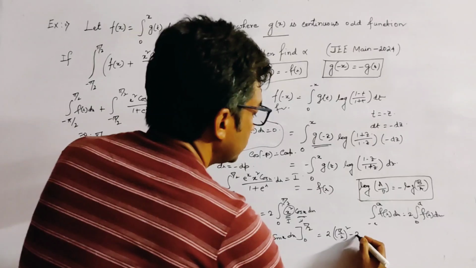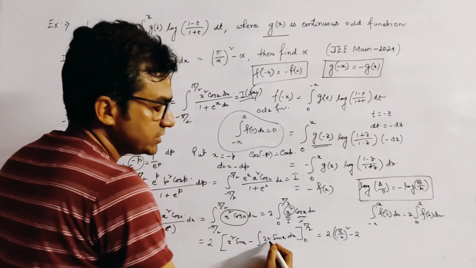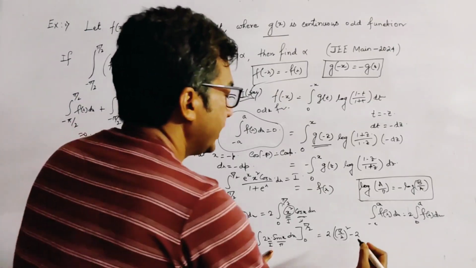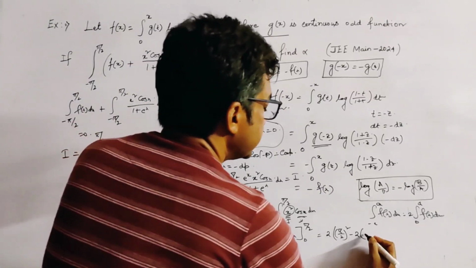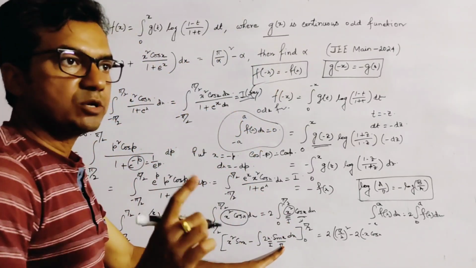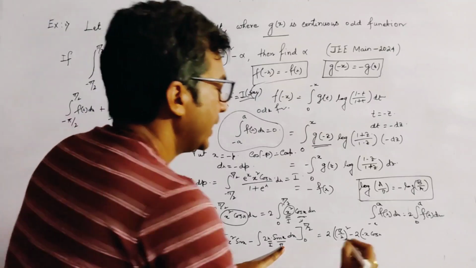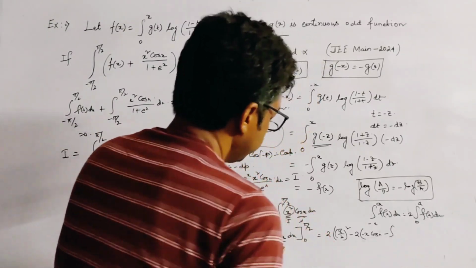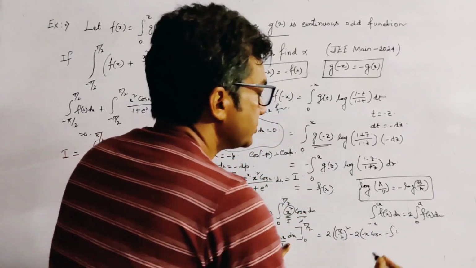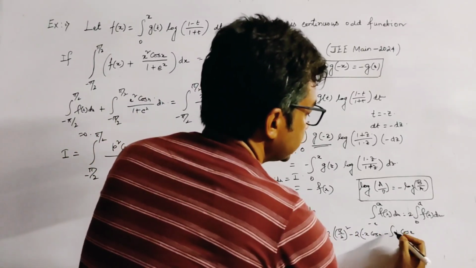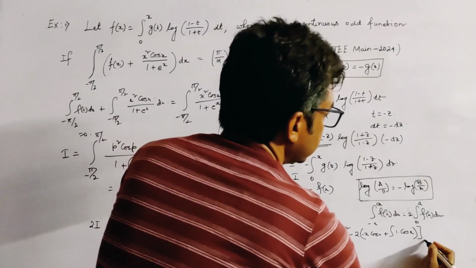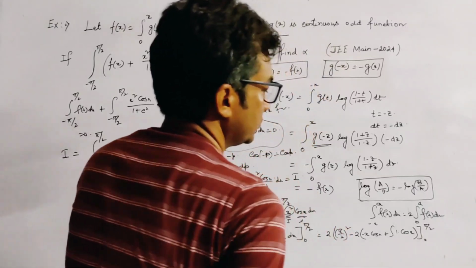From the second term, 2 into, again we use integration by parts. This is the first function and this is the second function, and we get x cos x with a minus, because the integration of sin x is minus cos x, and minus integration, the derivative of x is 1, integration of sin x is minus cos x, so this is plus, and the range is 0 to pi by 2.